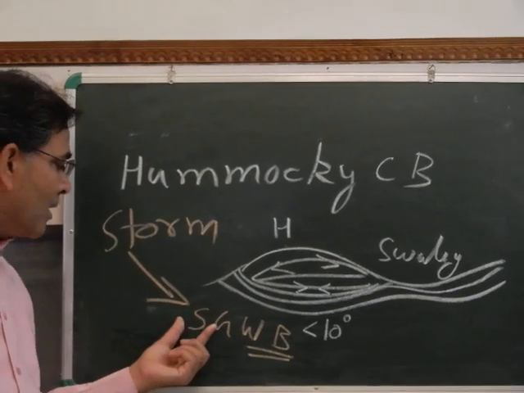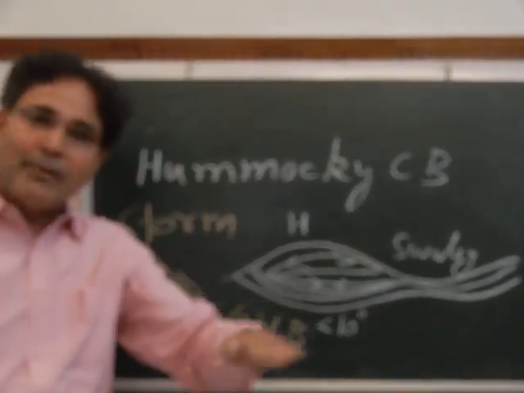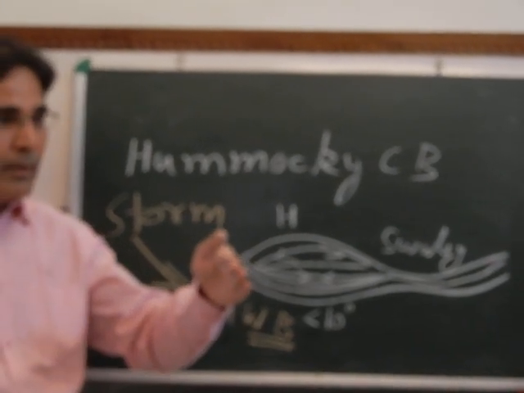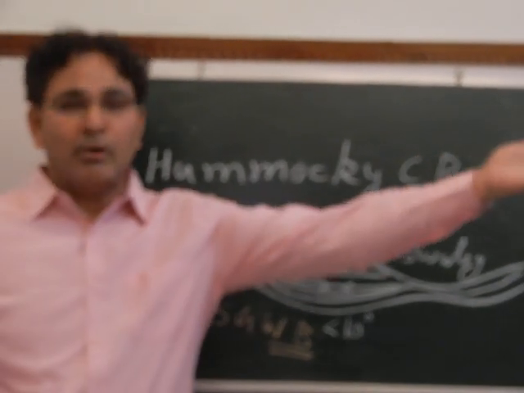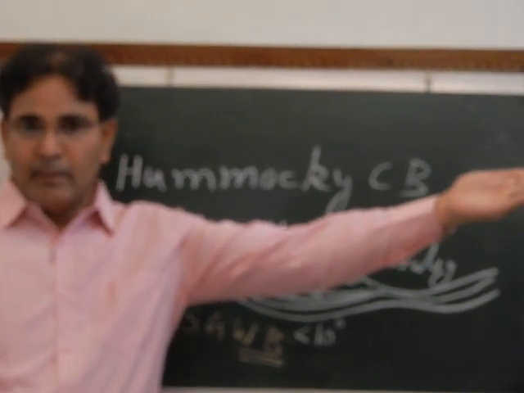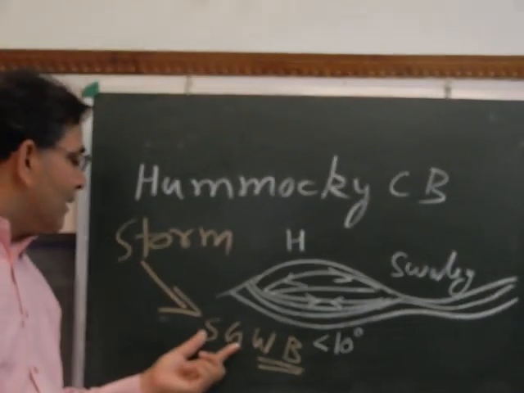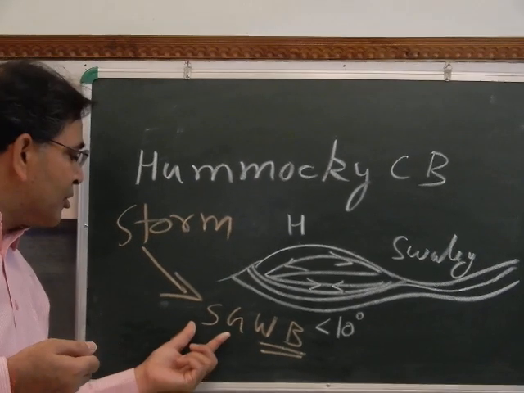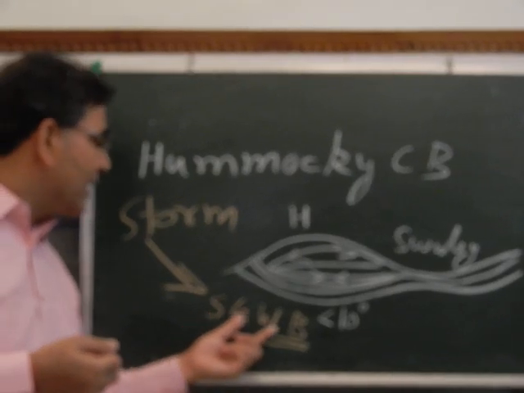When a storm comes, the wavelength as well as the amplitude of the wave increases, and therefore the wave base shifts towards the ocean.